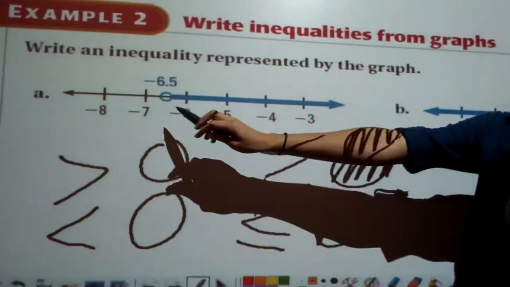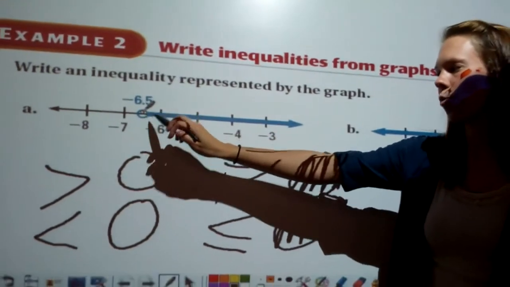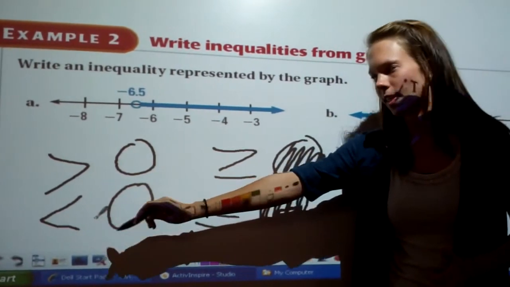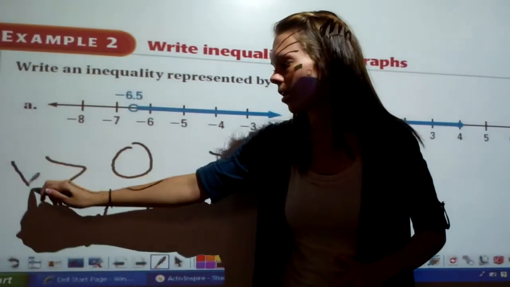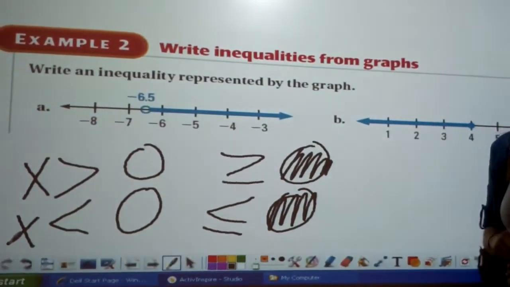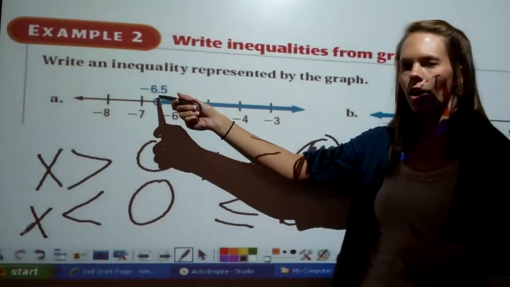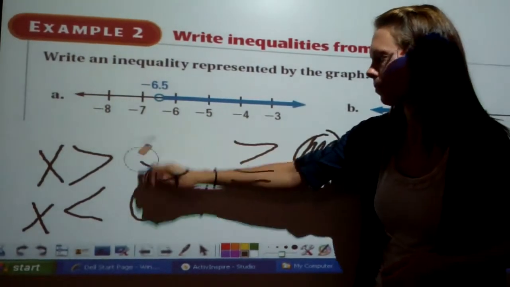Our first example, we have negative 6.5, and we have an open circle. That means we're either going to use greater than or less than. And how we're going to set this up is, first of all, your variable, which we're using x here, is always on the left-hand side, and our number, where our line ends, is going to be on the right-hand side.